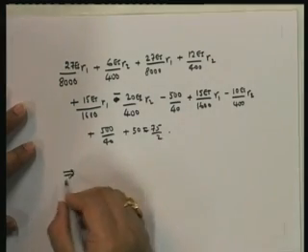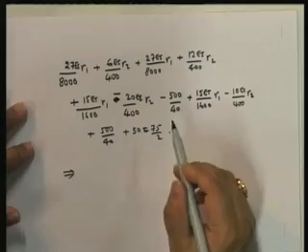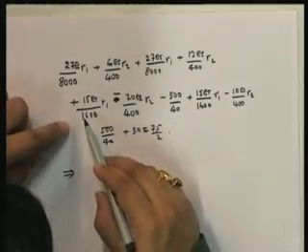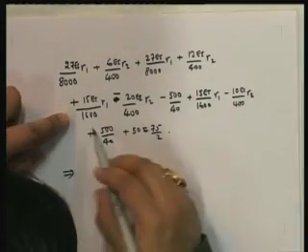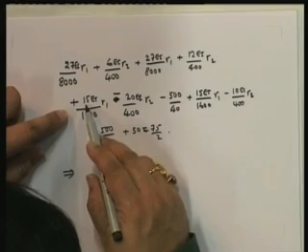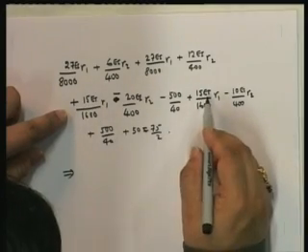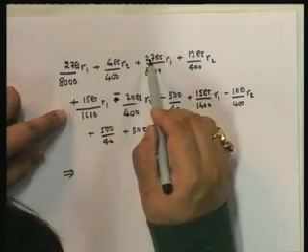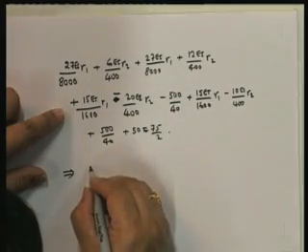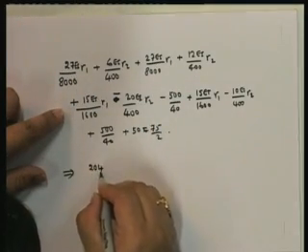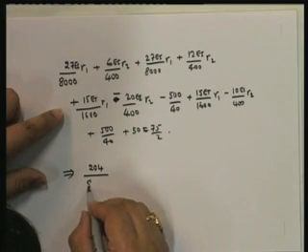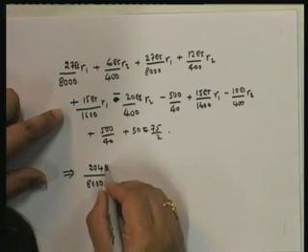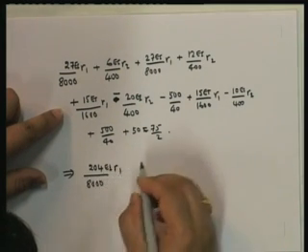If I put all the R1s together, with 8000 as the denominator this will become 75, 75, 150, 150 plus 54, so that's 204 upon 8000 EI R1.